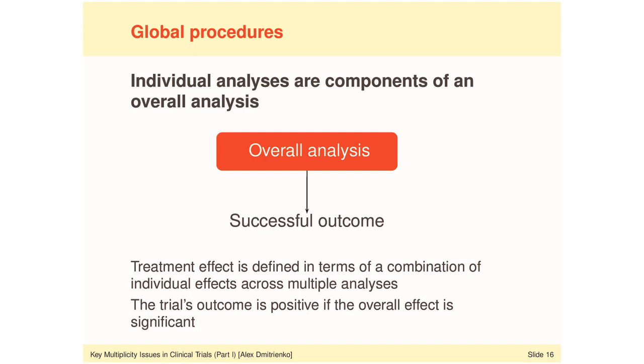They are components of the same underlying variable, but they probably measure different aspects of that underlying variable. The global successful outcome in a trial is defined based on a combination of individual analyses, and the trial's outcome is positive if this overall effect is significant.